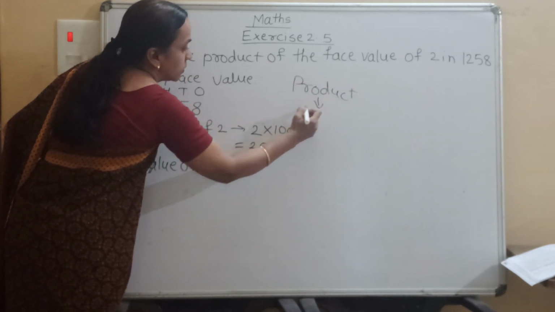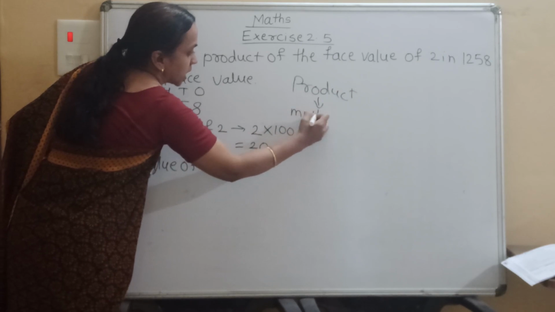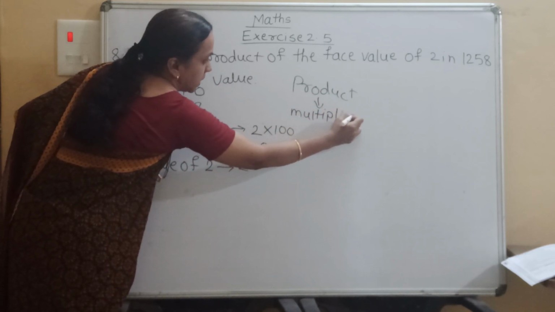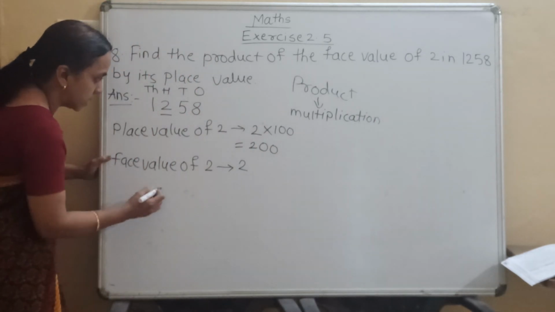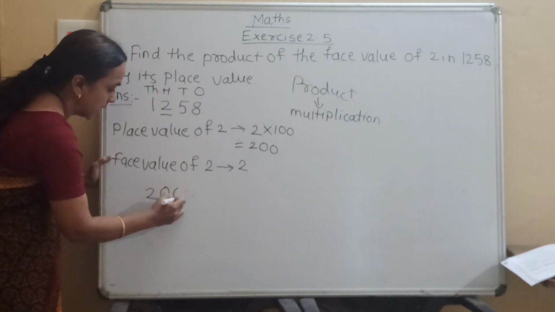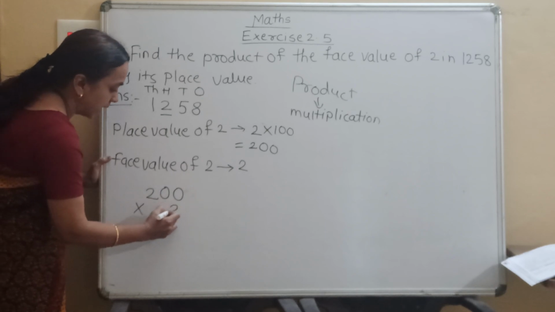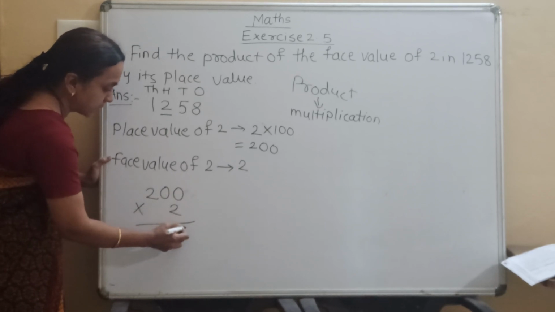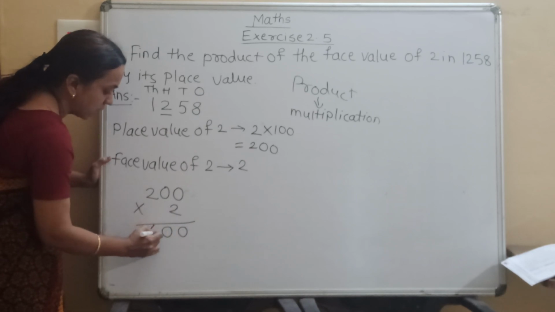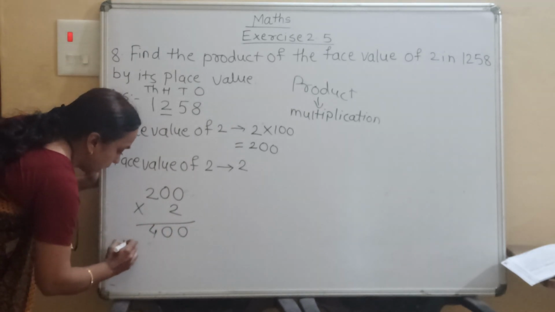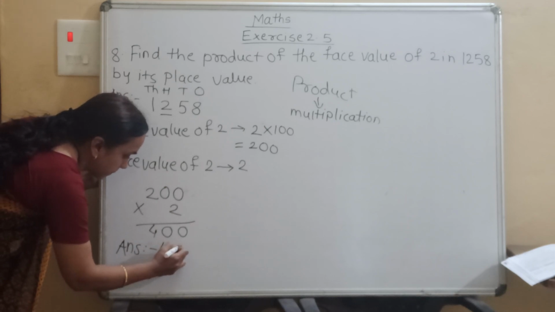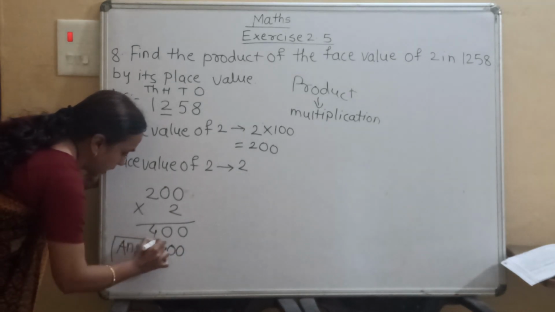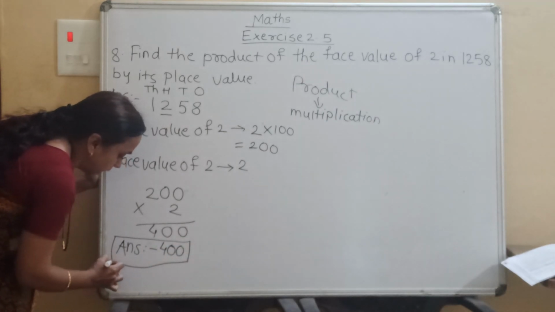I told you that meaning of product is multiplication. Okay, so what do we have to multiply? We have to multiply 200 by 2. 2 multiplied by 0, 0. 2 multiplied by 0, 0. 2 2s are 4. So what is our answer? 400. So you complete all these examples in your notebook.